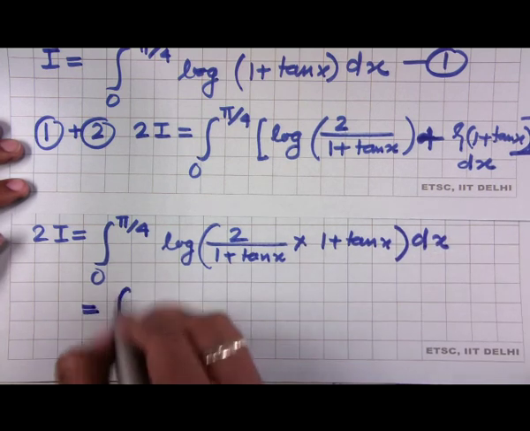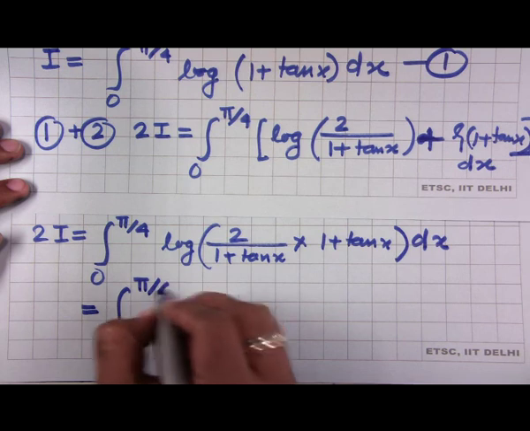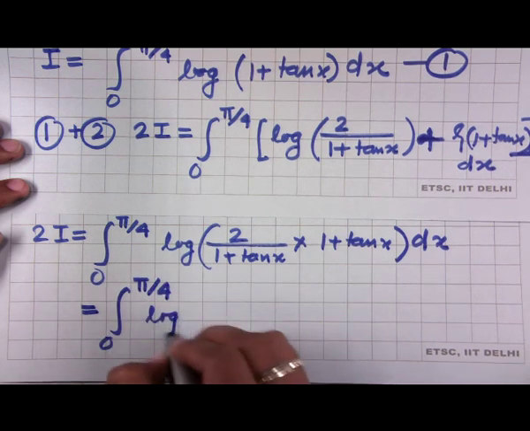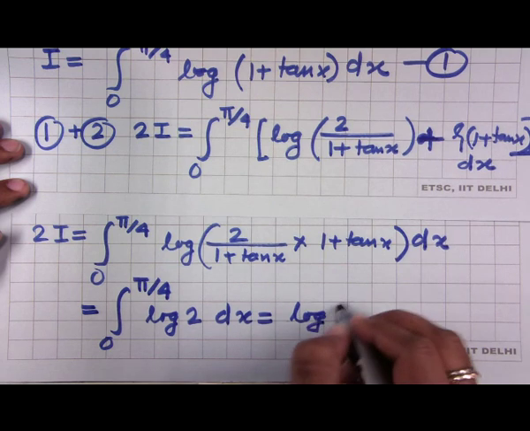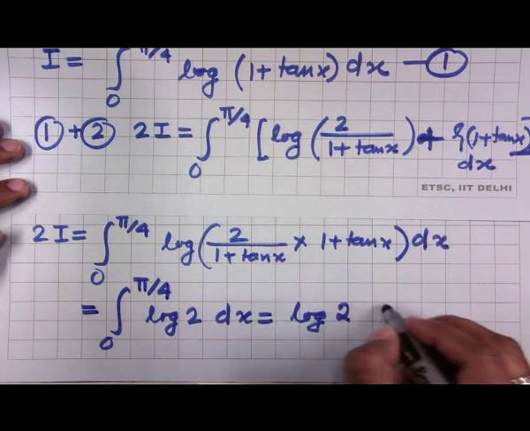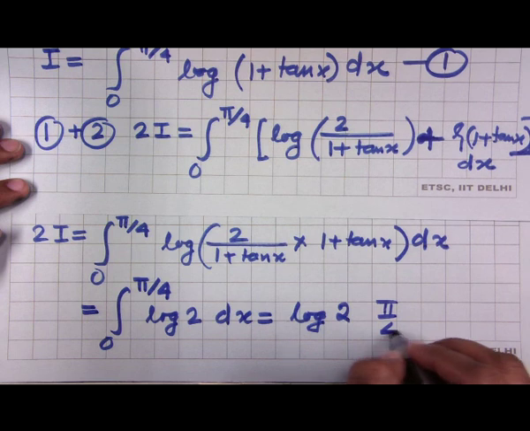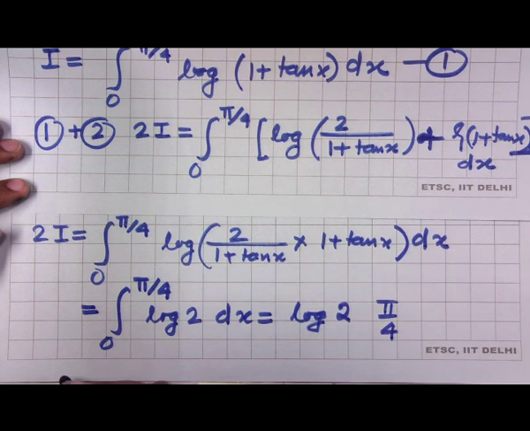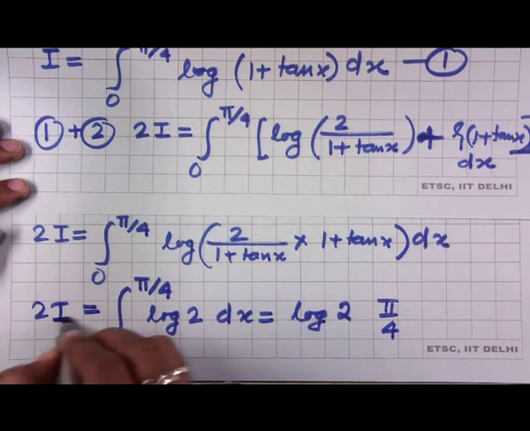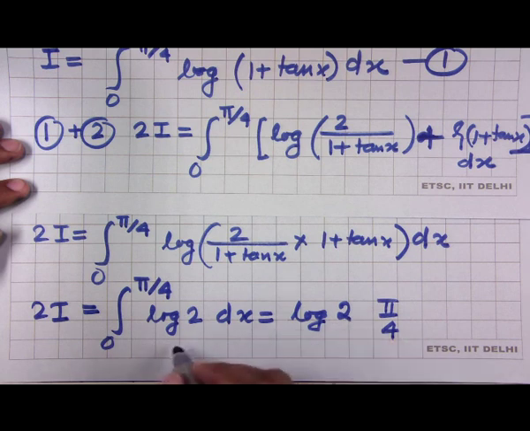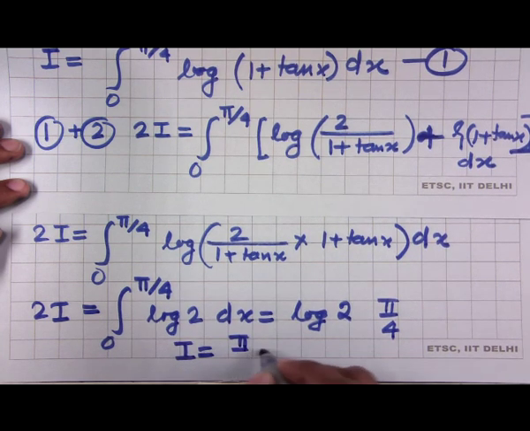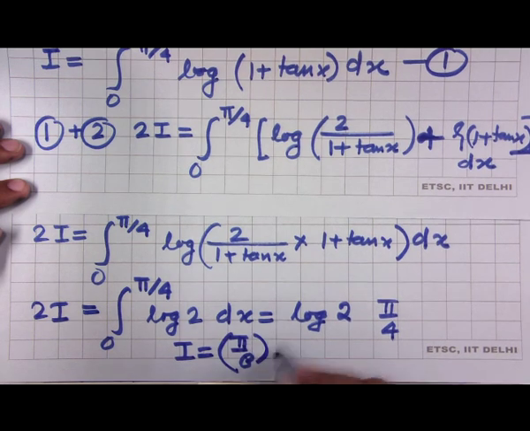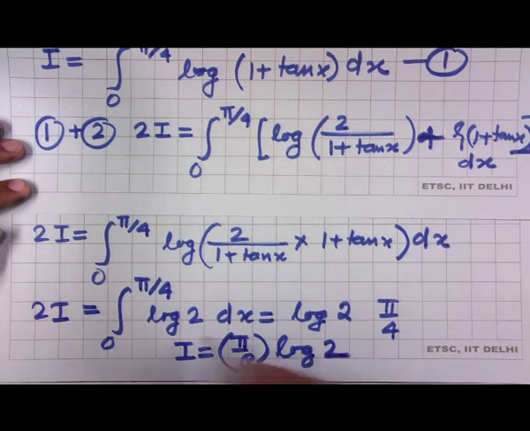This is equal to 0 to pi by 4 log of 2 dx, which is equal to log 2 times pi by 4. 2I is log 2 into pi by 4, therefore I is pi by 8 log 2.